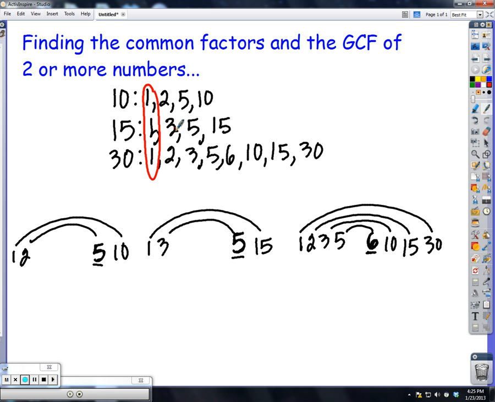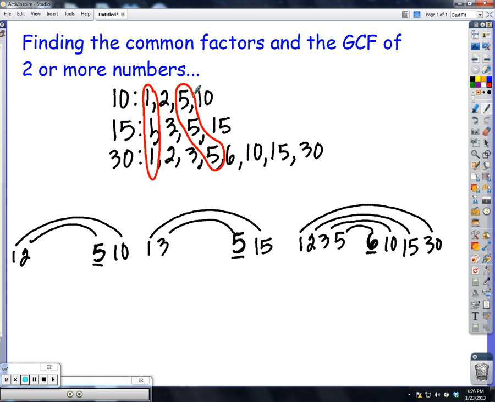But since 15 does not share that common factor, 2 is not a common factor for all three of them. So I've got to find the next factor that all three of them have in common with each other. Well, here's a 3, but there's no 3 up here, so that's not a common factor. Okay, here's 5, and here's 5. So 5 is the next common factor.